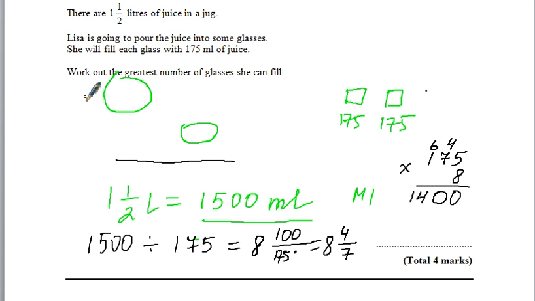But they asked, work out the greatest number of glasses. So you can't say 9, because 9 glasses would be too much, right? So therefore our answer is 8. That's the end of this question and this short video. I will continue in the next video with other questions.